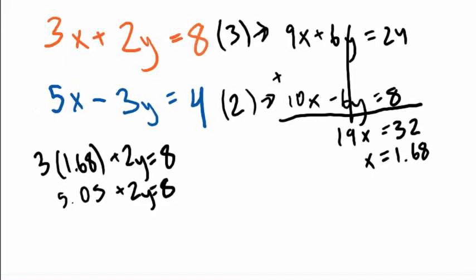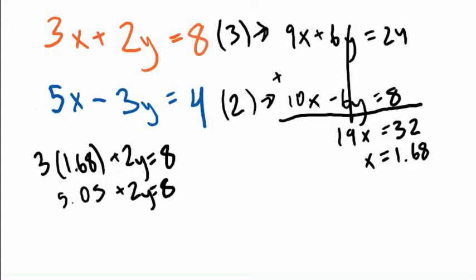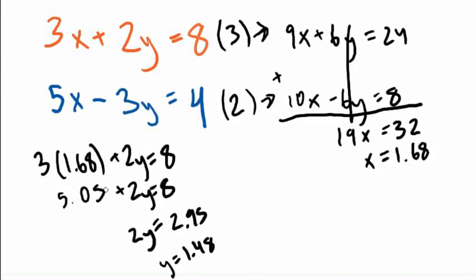This is starting to look very familiar, isn't it? Yep. See that 5.05 there? .95 divided by 2 is 1.475, 1.48. Close enough. Alright, so as you can see, both of these methods work for finding your two unknowns.